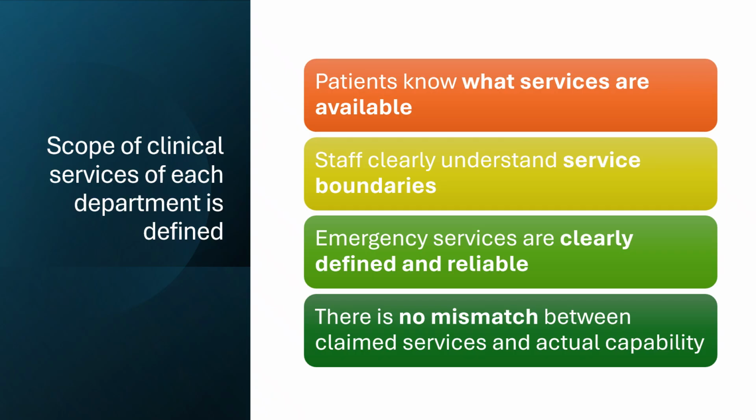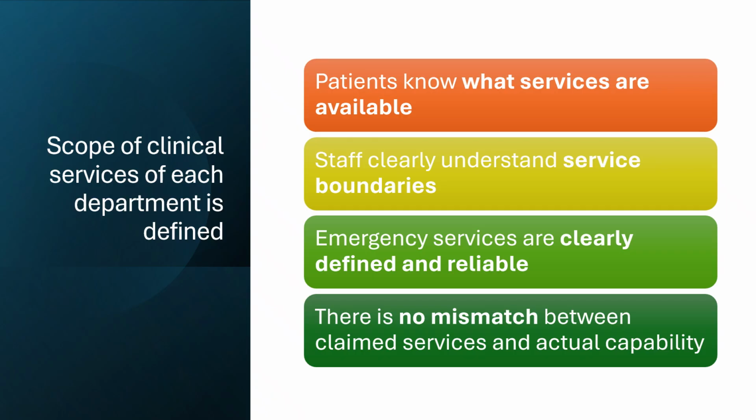If the hospital is not providing oncology care or medical oncology, then it should not display oncology in the scope of services. If you are providing medical oncology, radiation oncology and surgical oncology, then you keep all of them in your scope of services.